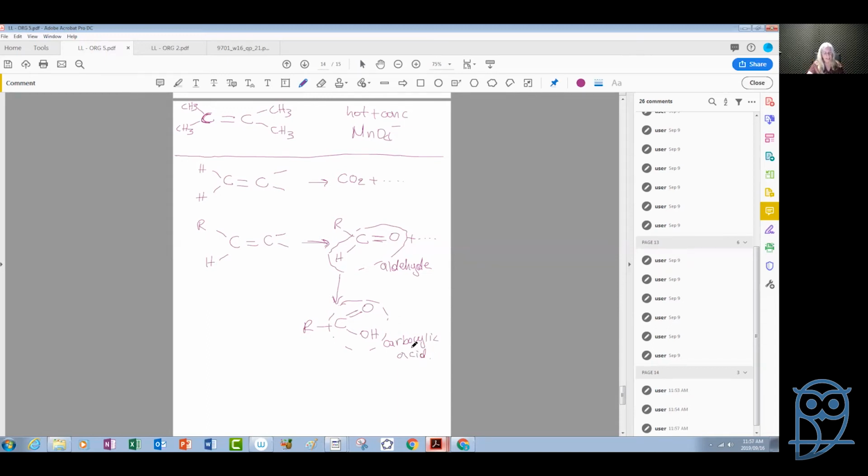Okay. And finally, if both of these constituents are not hydrogen but something else, the last case would be when these are both different alkyls, like alkyl 1 and alkyl 2. There's no need for them to be the same, isn't it?